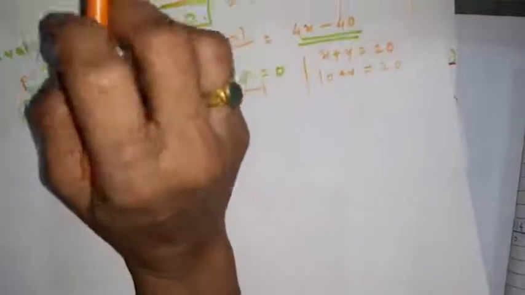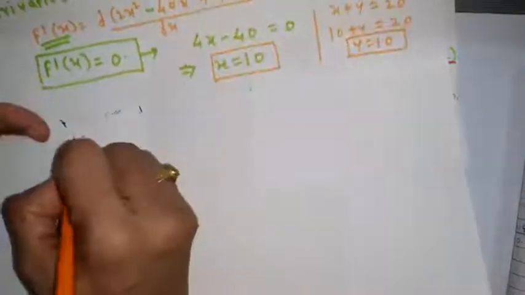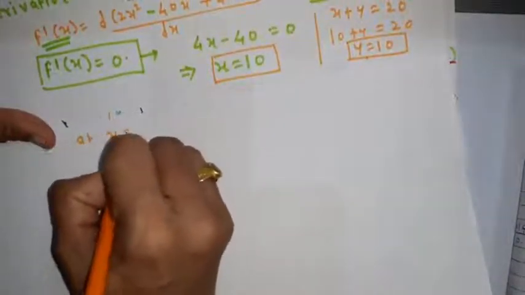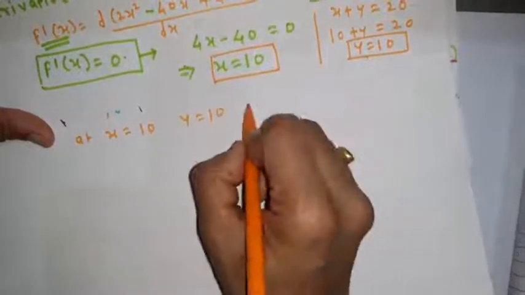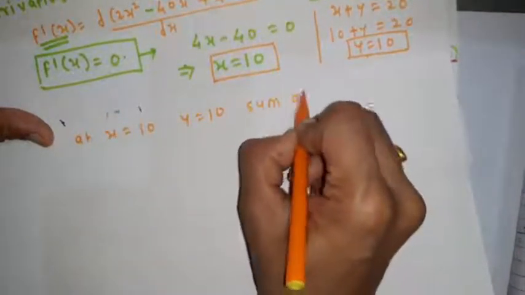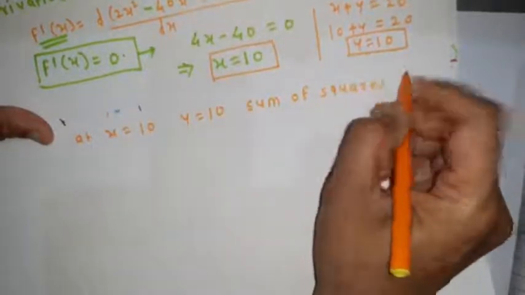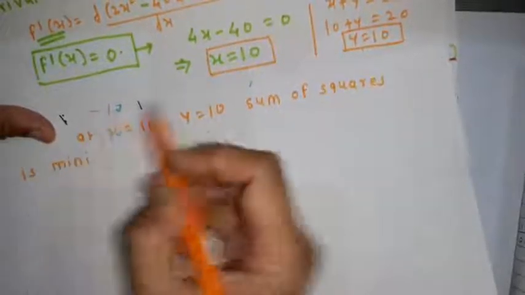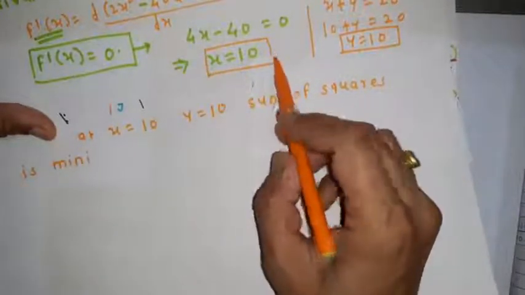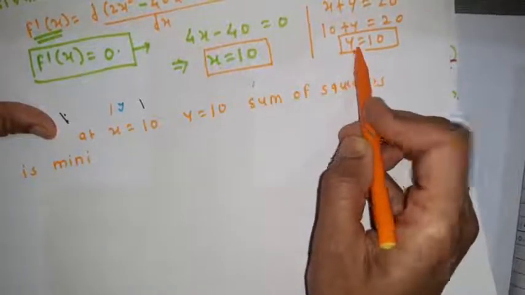The condition is that the sum of squares is minimum. So by the first derivative test, we have found the values of x and y here.